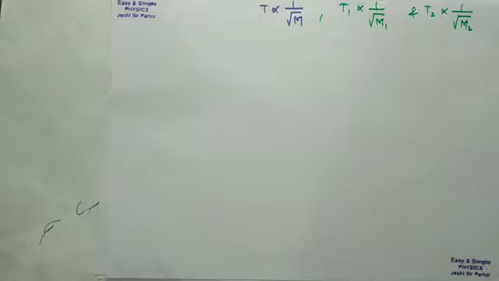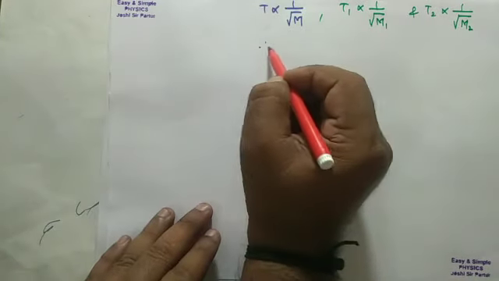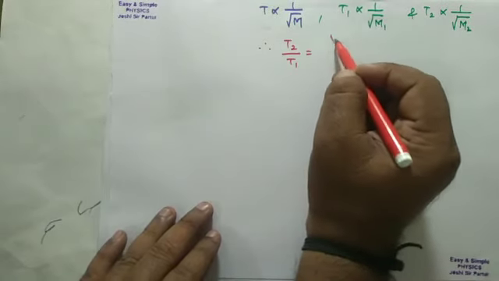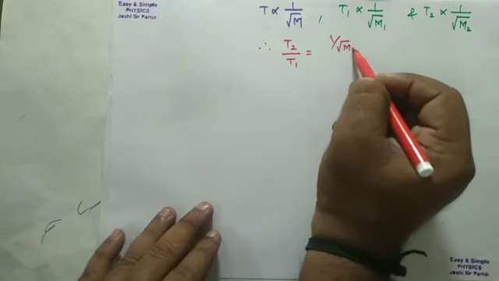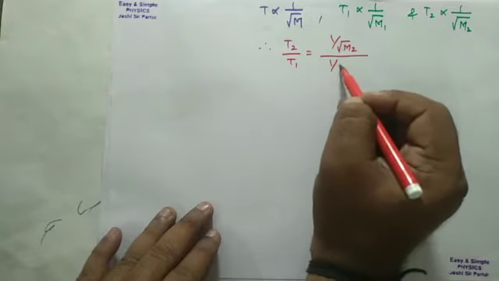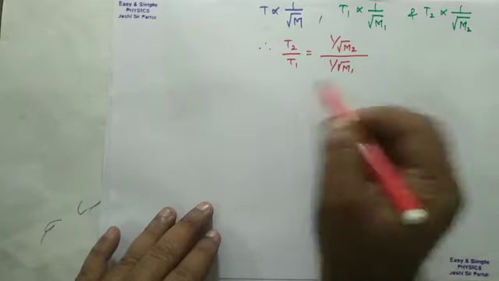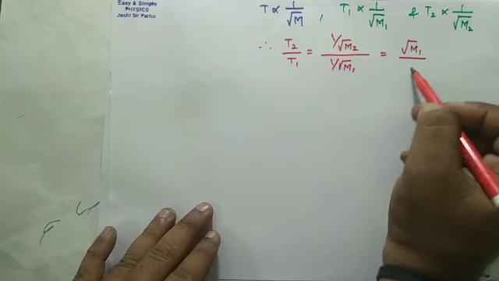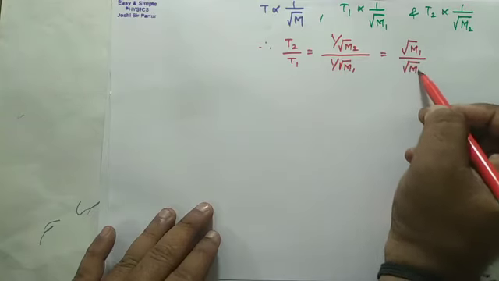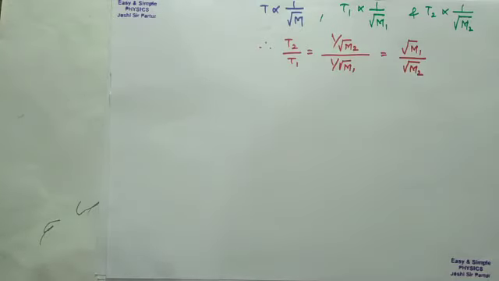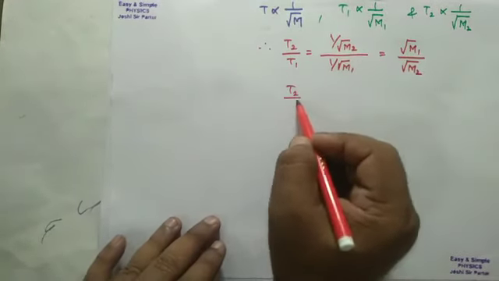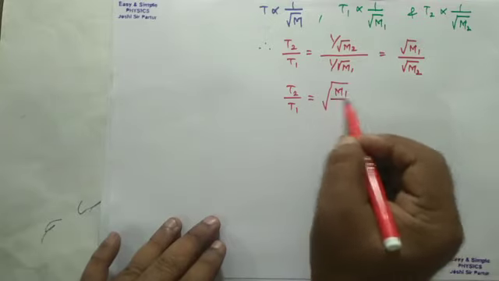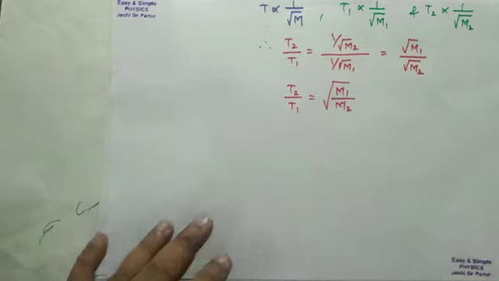Here we can find out time period T2. Therefore T2 upon T1 is equal to 1 upon square root of m2 divided by 1 upon square root of m1, which is square root of m1 upon square root of m2, or T2 upon T1 is equal to square root of m1 upon m2.